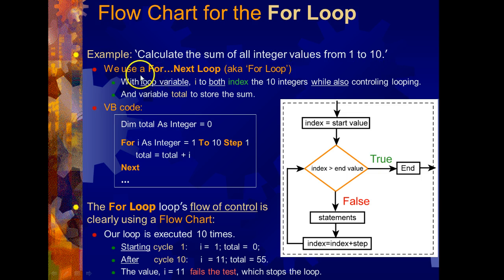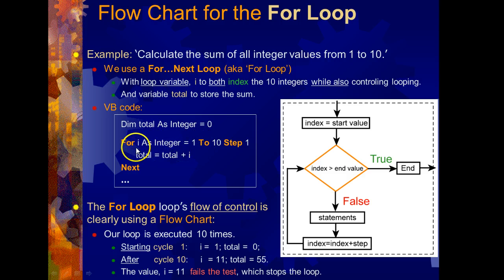And we use a for next loop, also known as a for loop, with the loop variable I to both index the integers while also controlling the loop. I guess we're using it to index the integers in a sense, because we're using it here, but we're also using it up here.